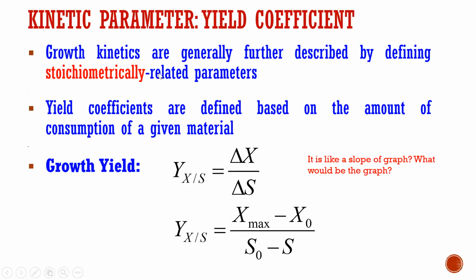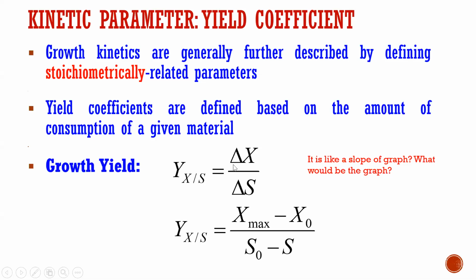So growth kinetics are generally further described by defining stoichiometrically related parameters. I think you understand what these words mean: the number that relates the reactant and the resulting species, right? Yield coefficients are defined based on the amount of consumption of a given material. This is very simple. One of them is the yield of biomass over substrate.